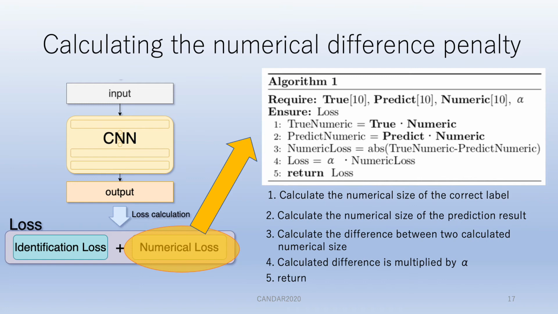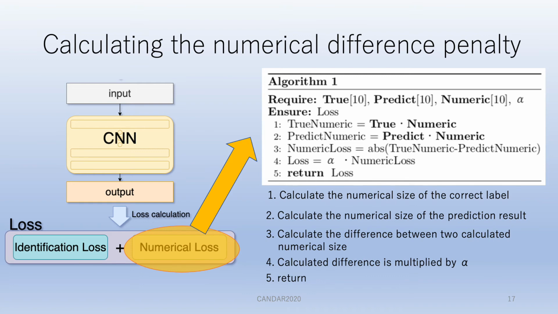The explanation of algorithm 1 is as follows. The first line calculates the numerical size of the correct label and stores it into true numeric. The second line calculates the numerical size of the prediction result and stores it in predict numeric.